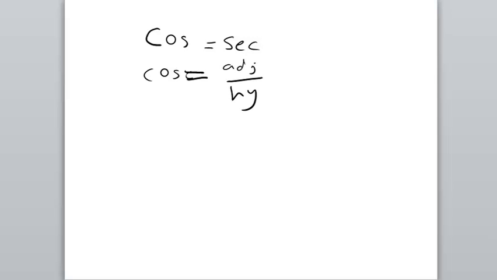It's the same thing with cosine and secant. Cosine was equal to adjacent over hypotenuse. So secant will be equal to hypotenuse over adjacent.